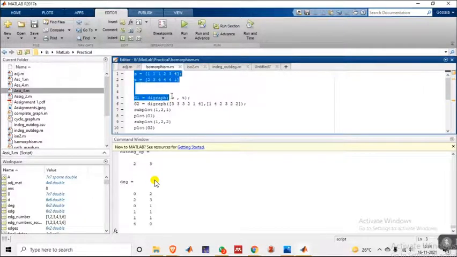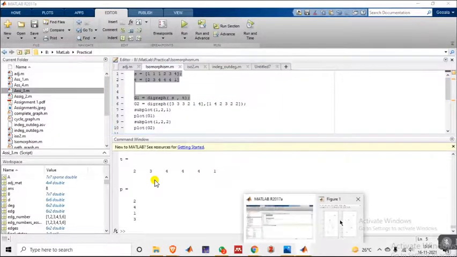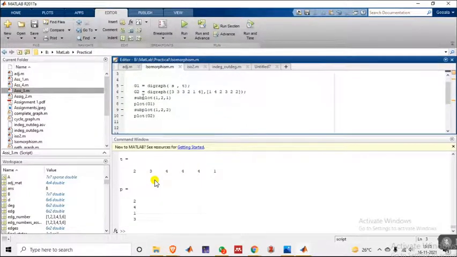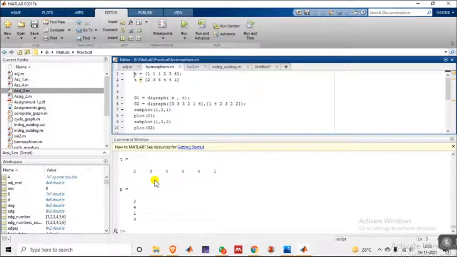So this is one part. One graph is created. So G1 is a graph and G2 is a graph with source 3, 3, 3, 2, 1, 4, and the target vertices are 1, 4, 2, 3, 2, 2. So these are the sources and targets of the two graphs G1 and G2.